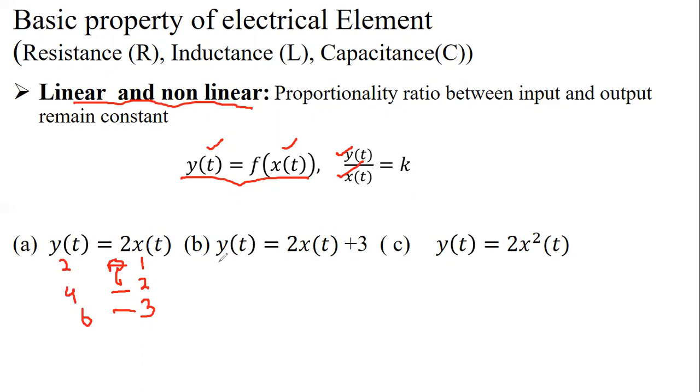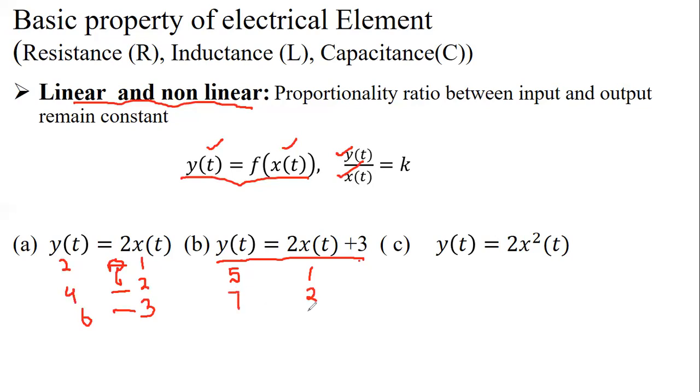See, the second is a very important example. If we add a constant term into the equation, the equation becomes y(t) equal to 2x(t) plus 3. Now if we take x(t) as 1, then y(t) becomes 2 into 1, 2, plus 3, that is 5. If x(t) is 2, then y is 2 twos are 4, plus 3, 7.